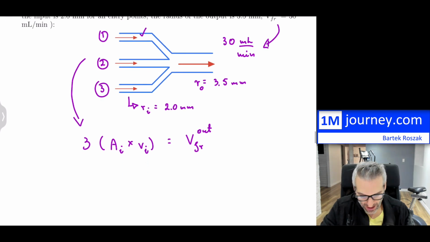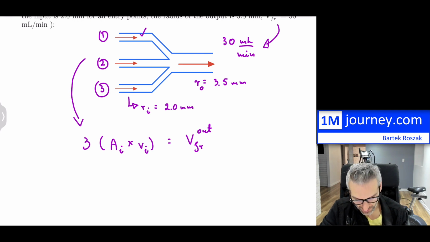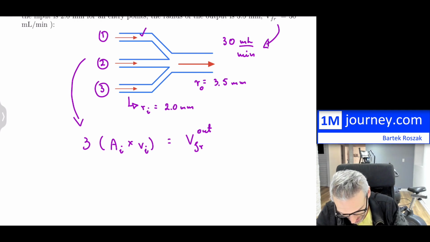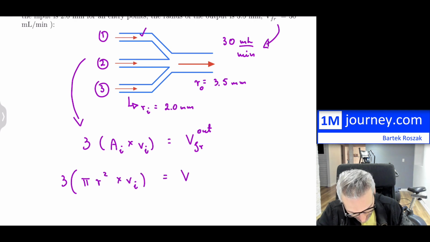So that's what we will have, and now we can substitute and find all the given pieces. So we have 3, and the area, which is cylindrical, is pi r squared, multiplied by VI, is equal to whatever the volume flow rate output is.